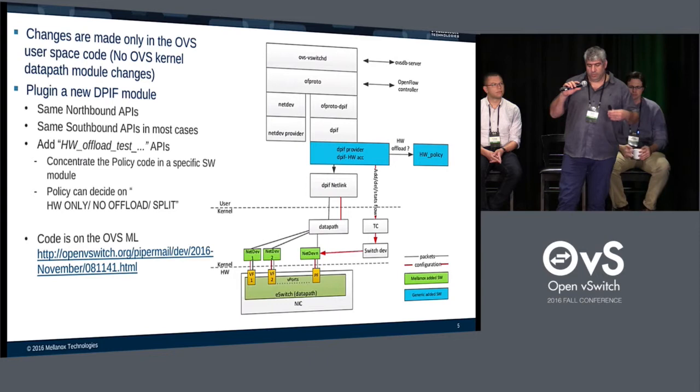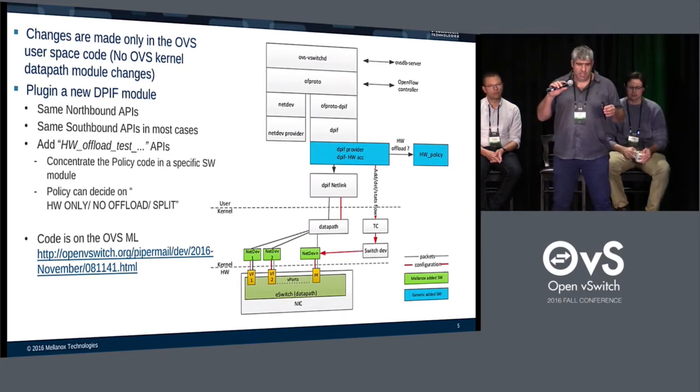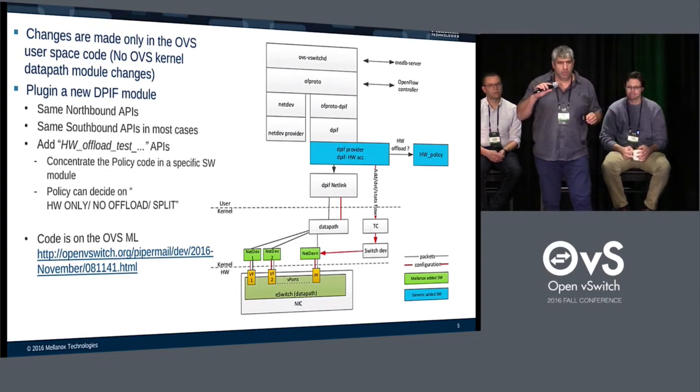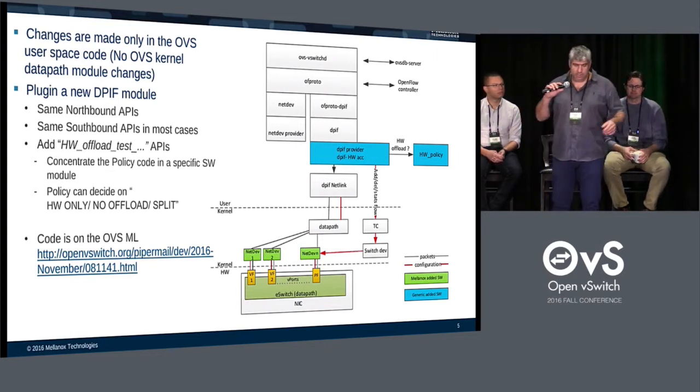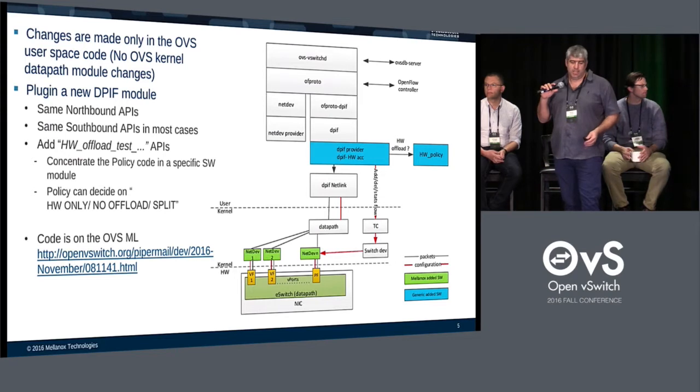And then from the kernel, it goes directly to the hardware, because the TC flower classifier lets you specify that you want to take it to the hardware. So it's hardware only, and the forwarding of the packets happens inside the hardware.